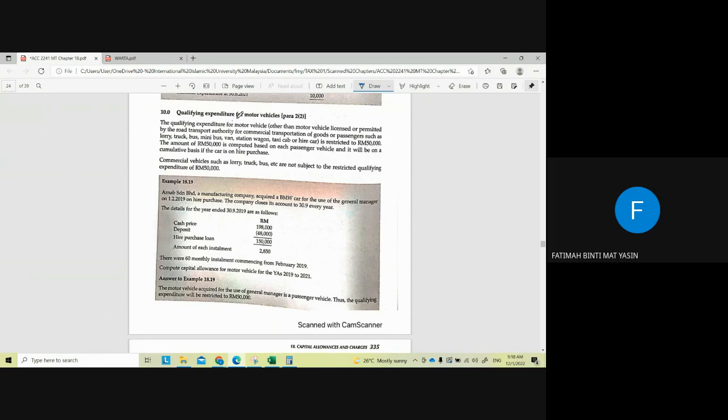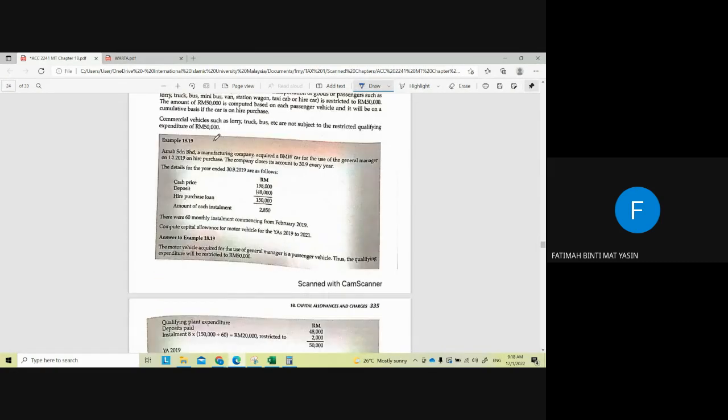So qualifying expenditure for motor vehicles. When you learned business expenses before, when we discussed lease rental, motor vehicles had a restriction. So for capital allowance, there is also a restriction for motor vehicles. Whether you purchase the motor vehicle by cash or by hire purchase, there is a restriction. So what are the restrictions?